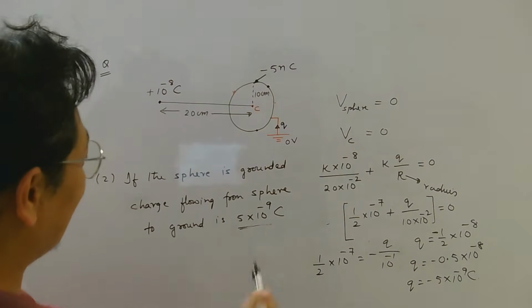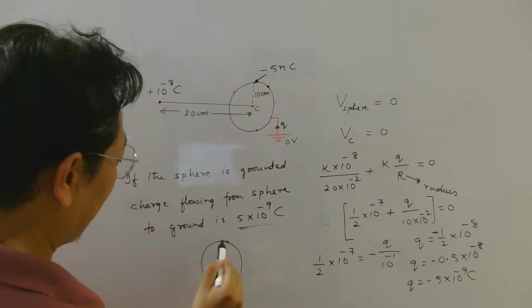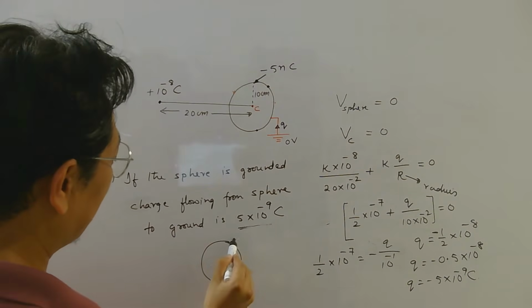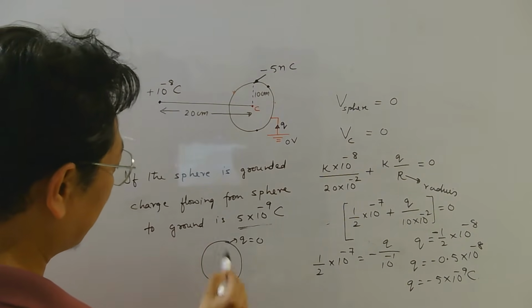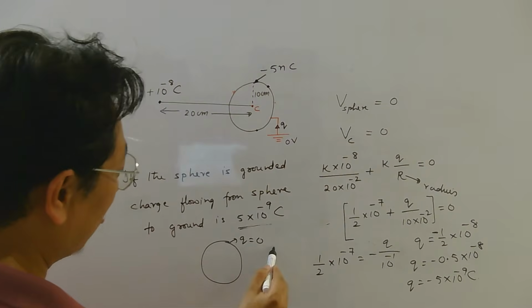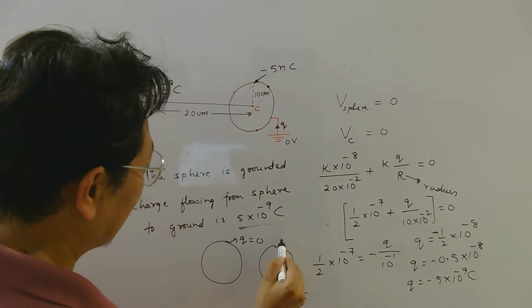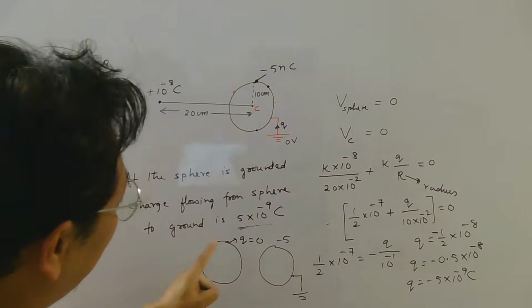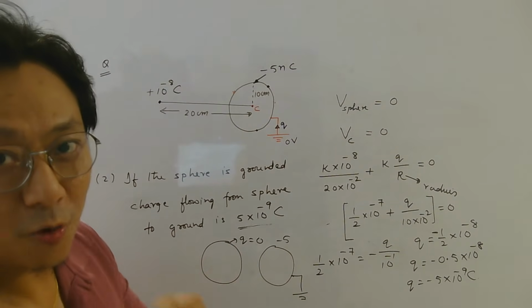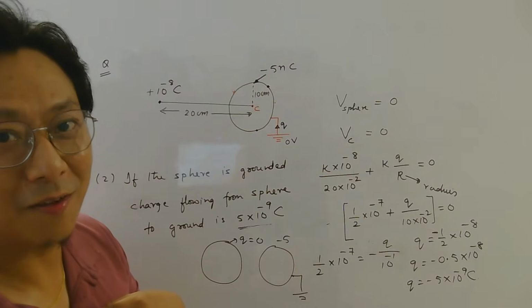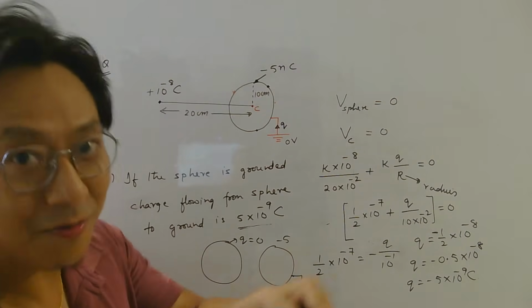What does this mean? Well, before grounding, what was the charge on the sphere? 0. Because this was plus Q, this was minus Q. Now what is the charge on the sphere after grounding? Minus 5. So if you are neutral and you became minus 5, it means you lost plus 5.